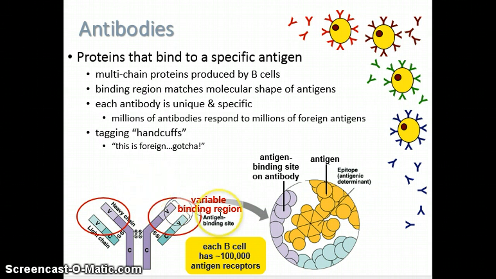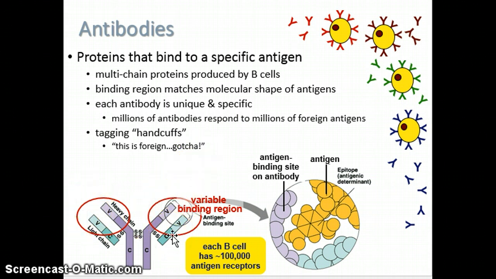And that's the variable area of an antibody because it varies according to the type of antigen it's going to bind to. So we can have millions of foreign invaders and foreign antigens, which means we have to have millions of antibodies. Every antibody is unique and specific, and what makes it unique and specific is its binding area.